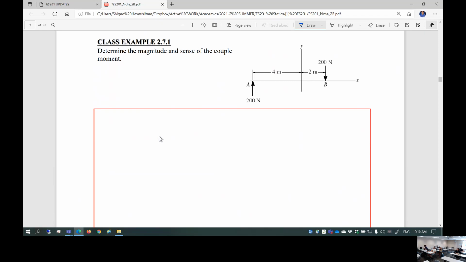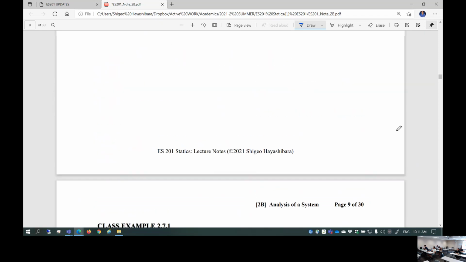Is it just 200 newtons times 4 meters? What's the value? 800? No, 800 is not right. Go back and think about what we just covered.